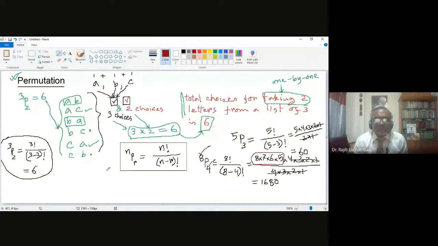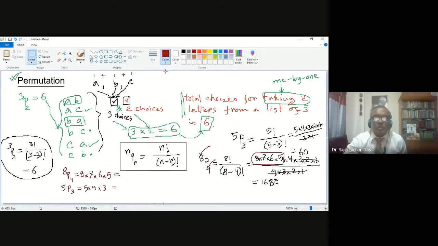So 8P4 is actually 8 into the next number 7 into the next number 6 into the next number 5, and then finish. How many numbers are you writing? The lower number, that is 4 numbers, and you start from 8. In the same way, 5P3, the earlier one, is 5 into 4 into 3, and that's it.